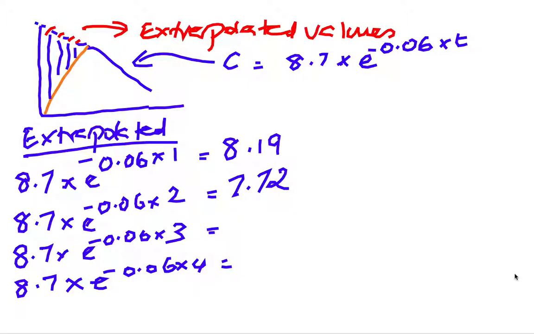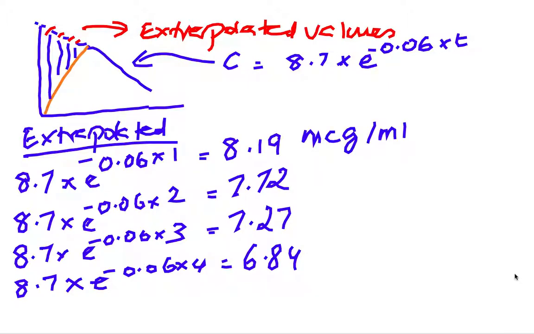The third value is 8.7 times e raised to negative 0.06 times 3, which is 7.27. The last extrapolated value is 8.7 times e raised to negative 0.06 times 4, which is 6.84. So these are all in micrograms per ml, and these are the extrapolated values.